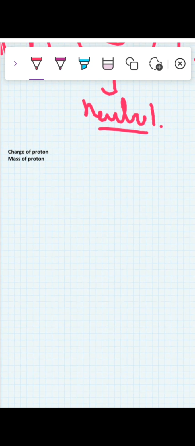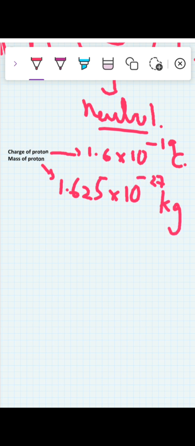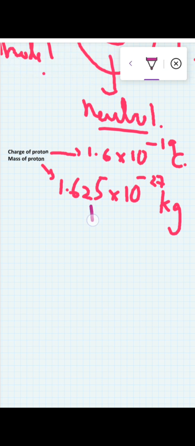The charge of proton is the same as the charge of electron, 1.6 into 10 raised to power minus 19 coulomb. However, the mass of proton is 1.625 into 10 raised to power minus 27 kilogram. So proton is 1836 times heavier than electron.